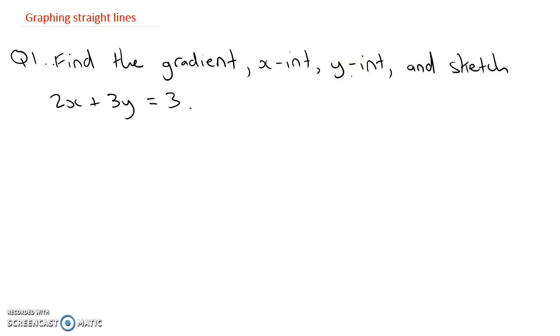Now, in order to find the gradient, what we want to do is to just write this linear relation in what we call the gradient intercept form.